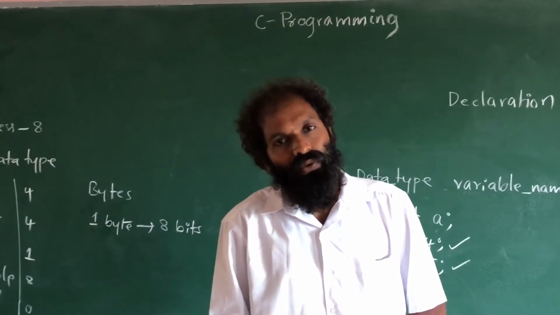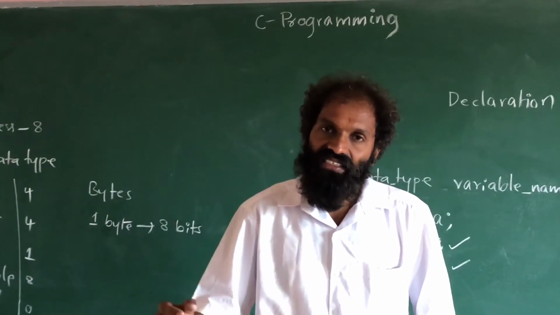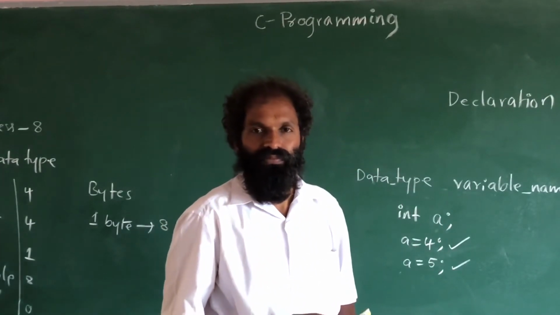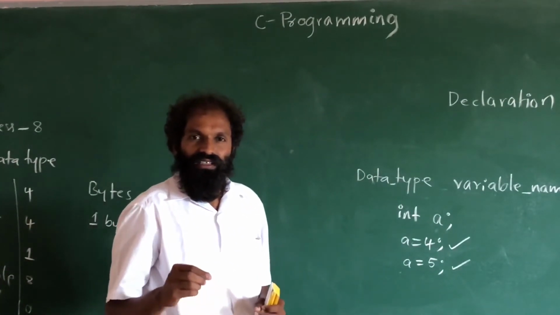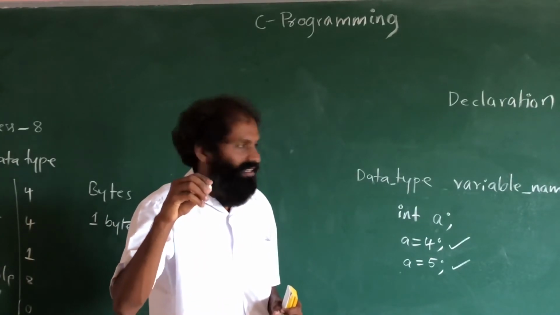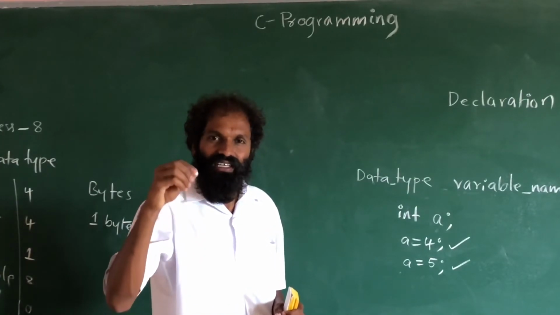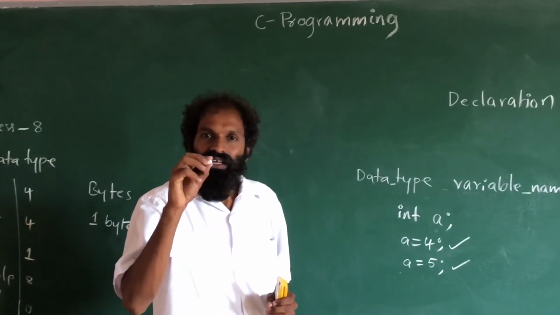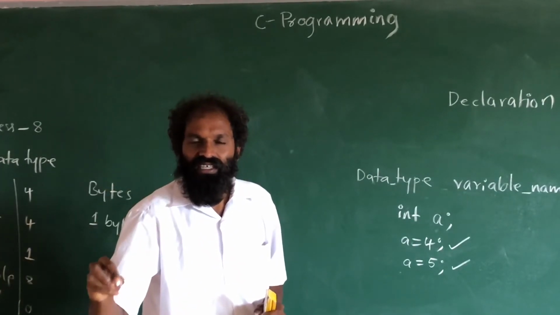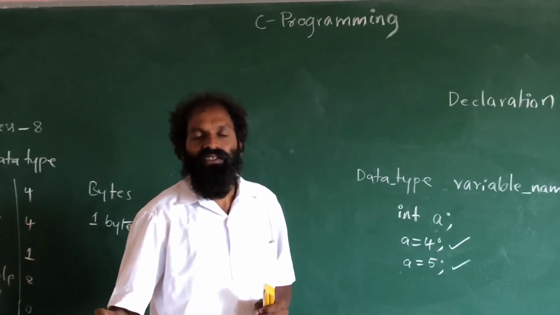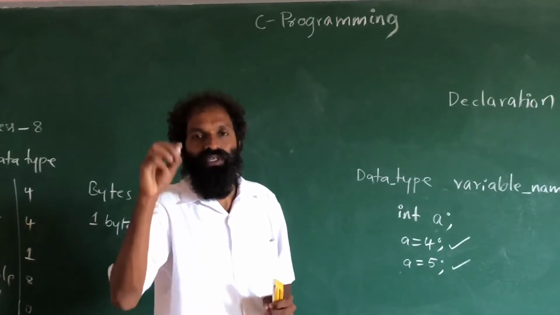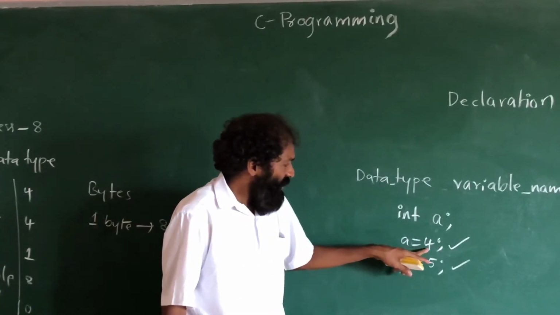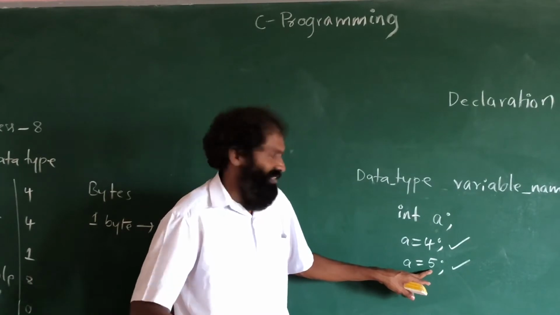Its value may change during the execution of the program. Definition: remember carefully, understand carefully and remember it. A name given to a memory location, its value may change during execution of the program. Okay. Here in the beginning it is 4, now it is 5, it may change.